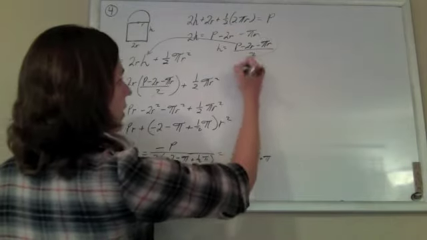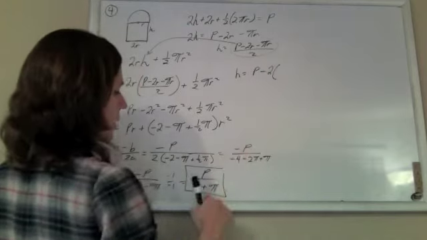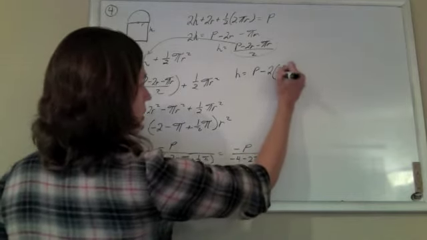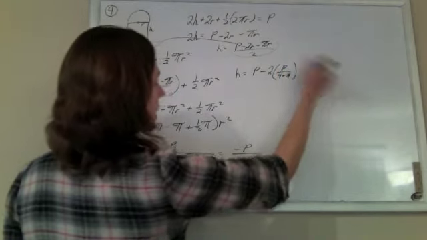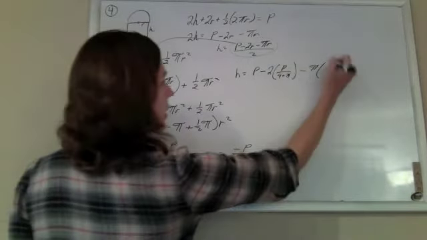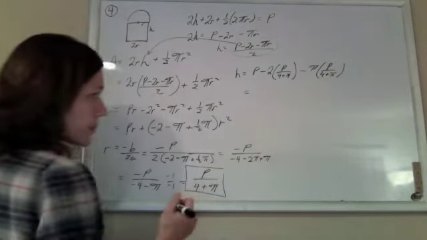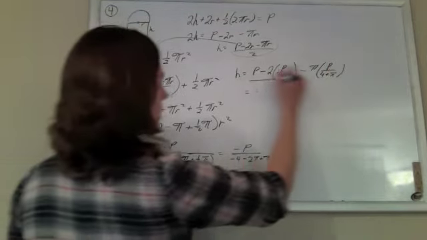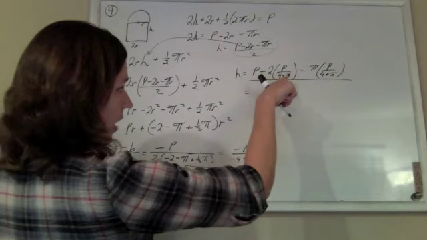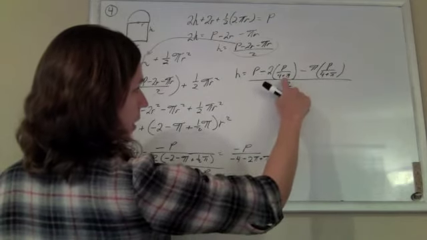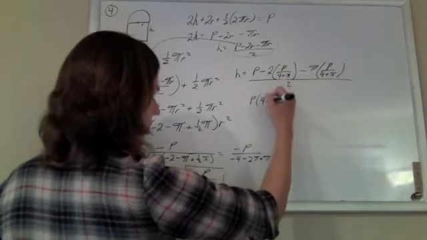So the height is going to be p minus 2 times the radius, which was p over 4 plus pi, minus pi times, plug in the radius again, p over 4 plus pi, and all, of course, over 2. So if I get a common denominator for the top, that'll be 4 plus pi. So I'll multiply p by 4 plus pi.